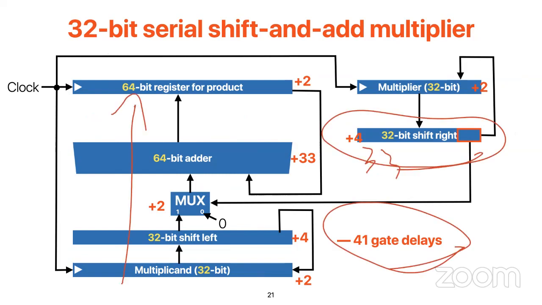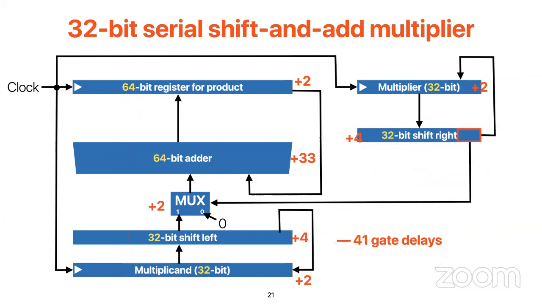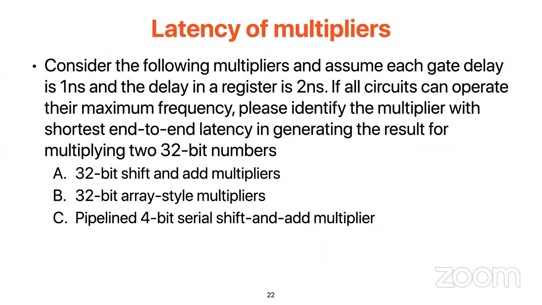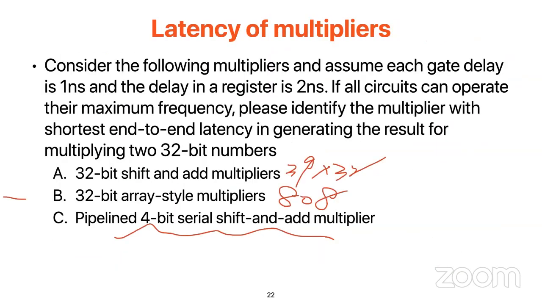And there is a purpose for this question. If you look at this question, it's talking about end-to-end latency in multiplying two numbers. So if I want to measure the time of multiplying two numbers, it's from the beginning when a number enters this pipeline or the multiplier till the end when the result of these two numbers is generated.